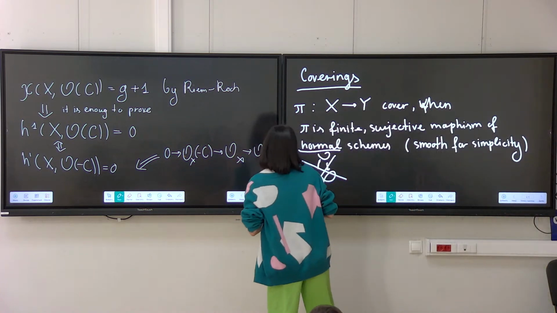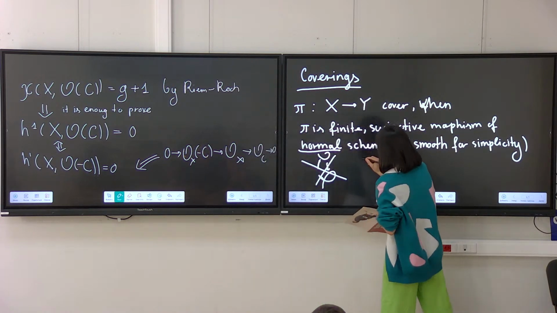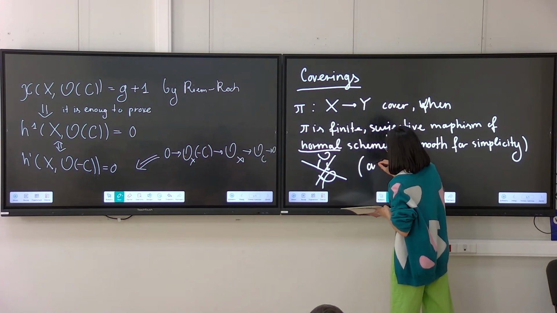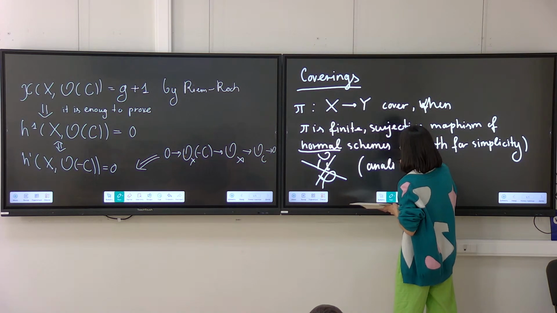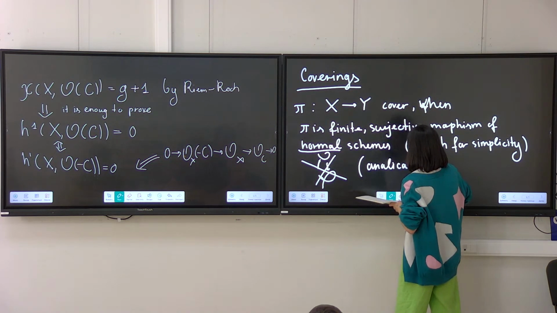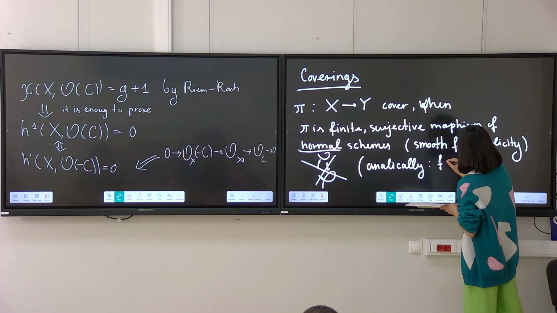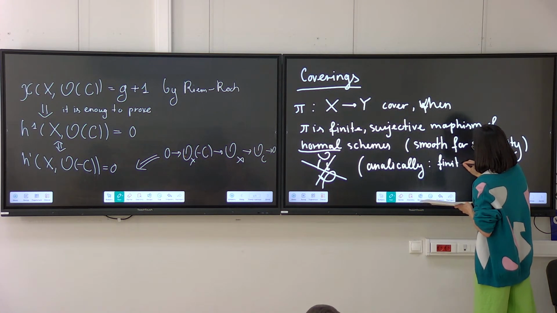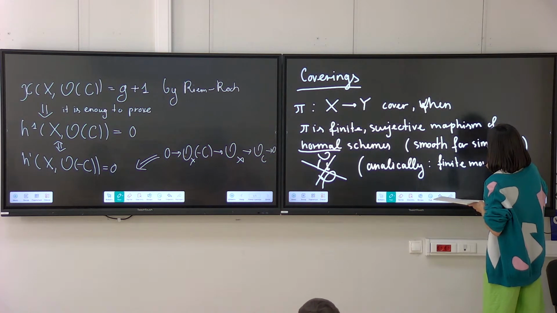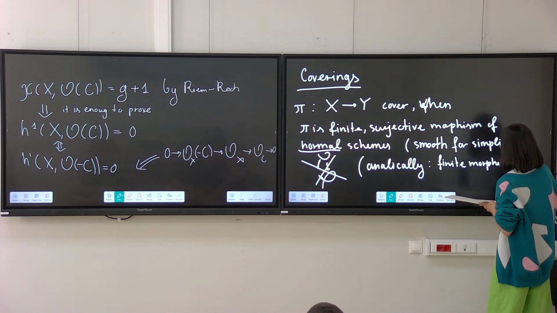Okay, and maybe let me also state that analytically, I would say that this is a finite surjective proper holomorphic map of normal complex manifolds. It's important, of normal complex manifolds.